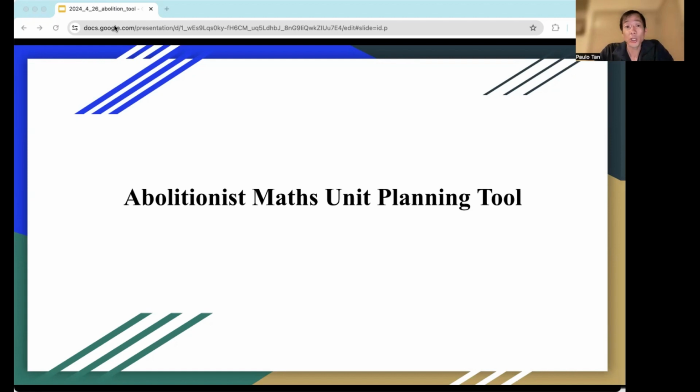And I'm going to share some of that work in this presentation. So again, you can get a sense and some thinking around what abolitionist math unit planning could look like. Again, this is one way. There are infinite ways to go about doing abolitionist practices.